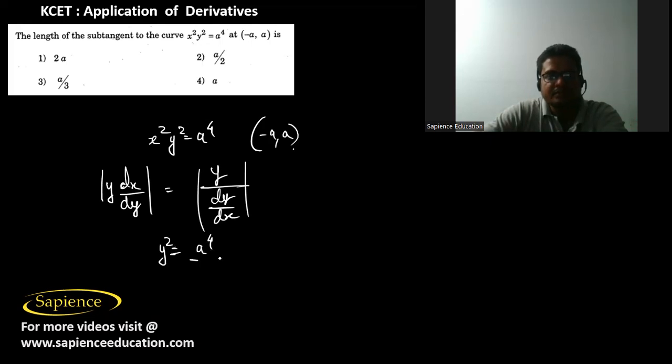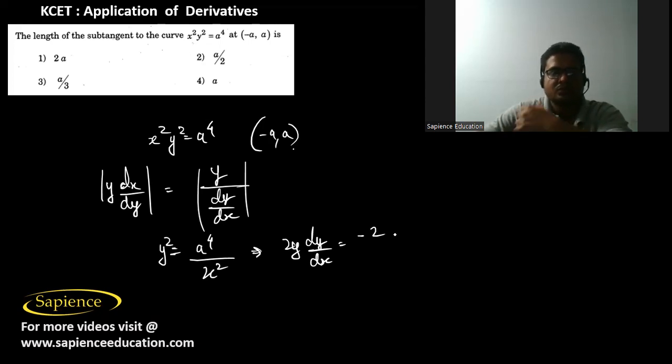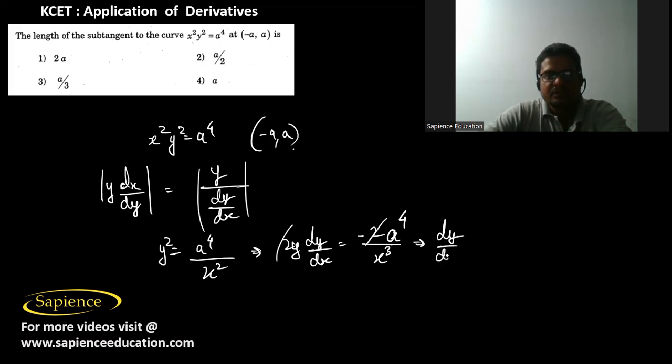So y square is a power 4 by x square. So I can say 2y dy by dx is equal to minus 2 by x cube into a power 4. Now 2 and 2 will cancel out, so dy by dx will be equal to minus a power 4 by x cube into y.